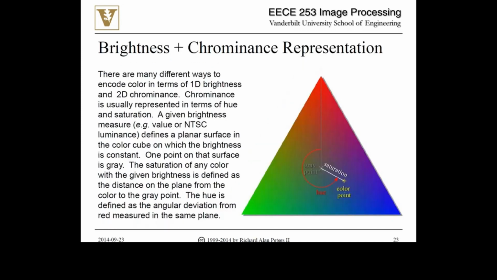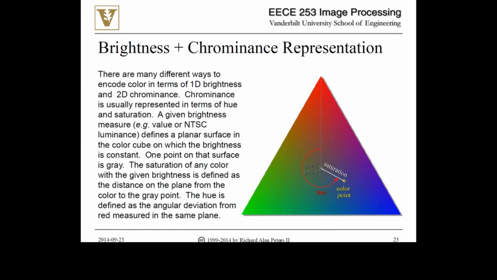Now we will use this system, luminance hue saturation. In it, we will have some color space, which in this case is a triangle, and we will see where this triangle comes from. There is a point in that triangle that is gray, and it is always in the middle of the triangle.